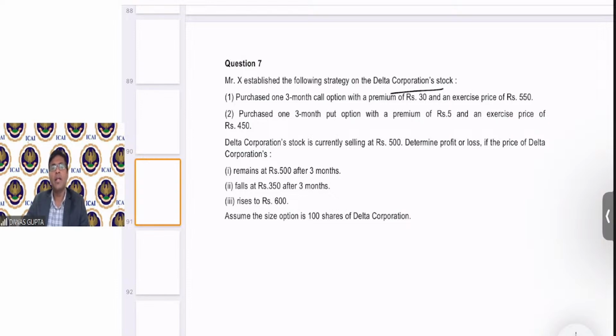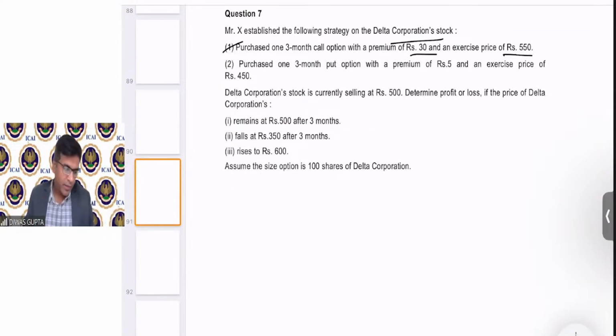There is a company called Delta Corporation, and they established the following strategy. They purchased one 3-month call option with a premium of rupees 30. So there is a 3-month call option that they have purchased, and the premium is 30, exercise price is 550. So we should actually put it in a tabular format here.